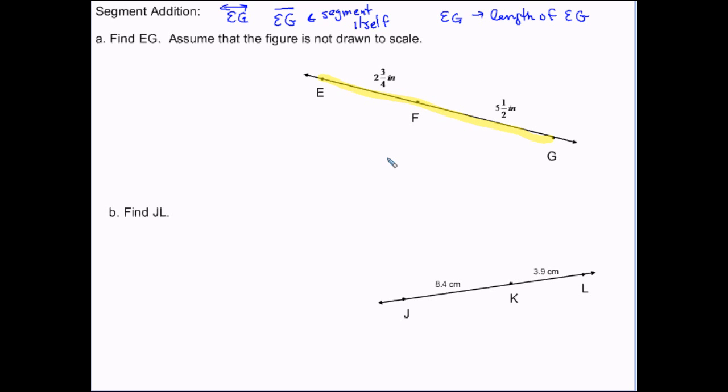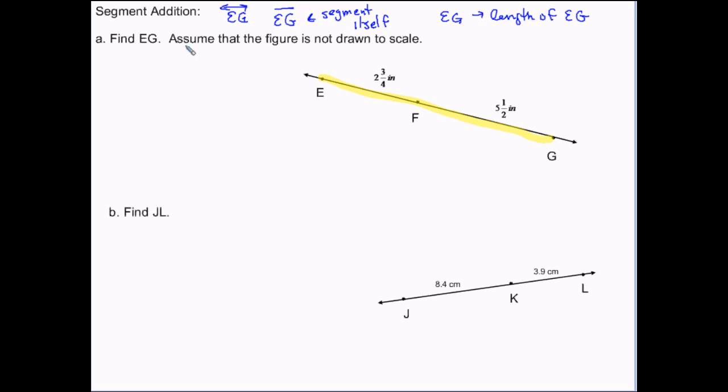If I have EG with no bar over it, you're talking about how long the marker is. That prevents us from having to write out the segment EG or the length of the segment EG. You save time by just putting a bar or not.